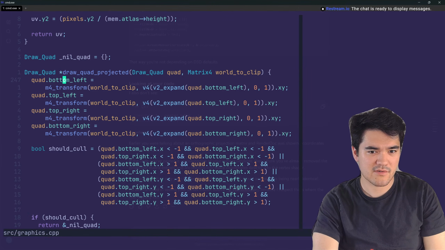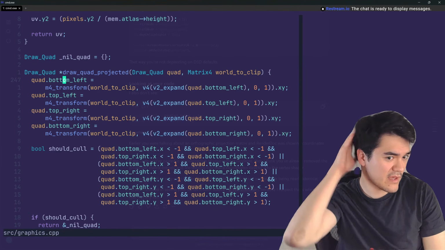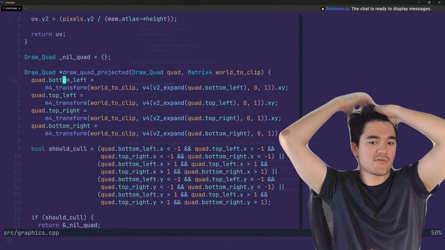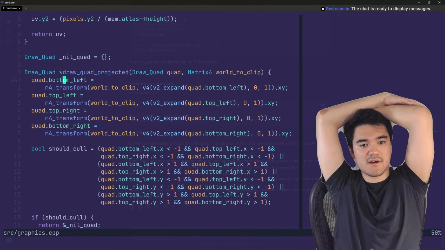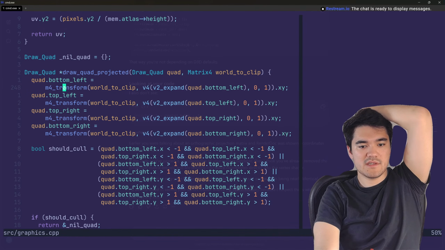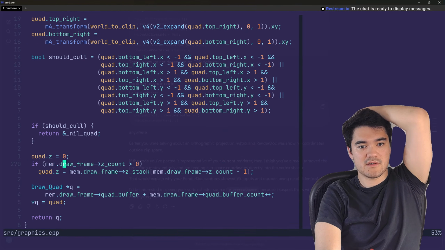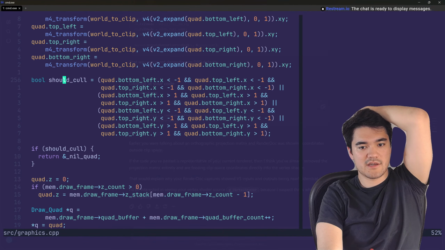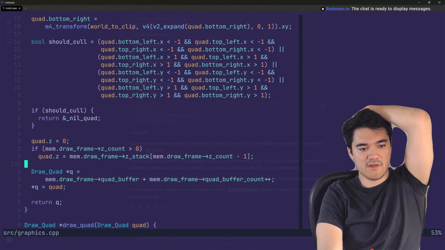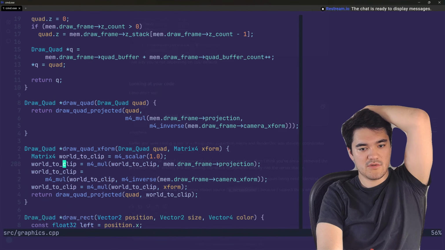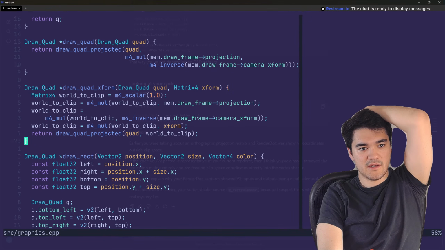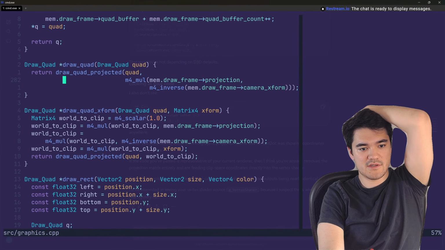Here we have maybe some stuff that's not quite right. No, this is just transforming everything, and that check should cull everything anyway. No, those are fine. The actual projections, those are probably wrong.